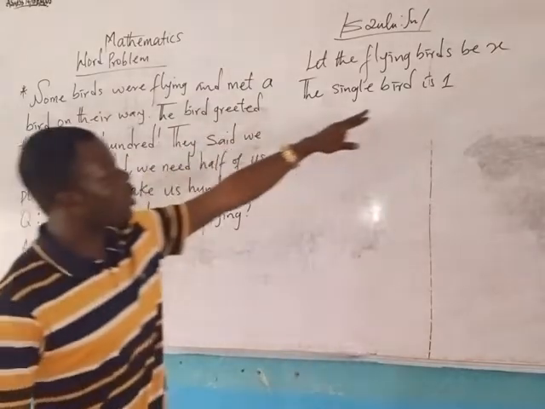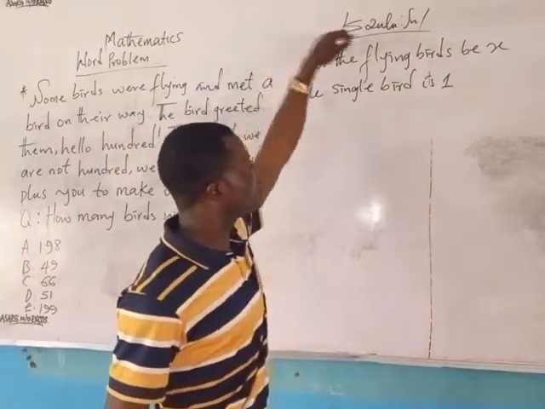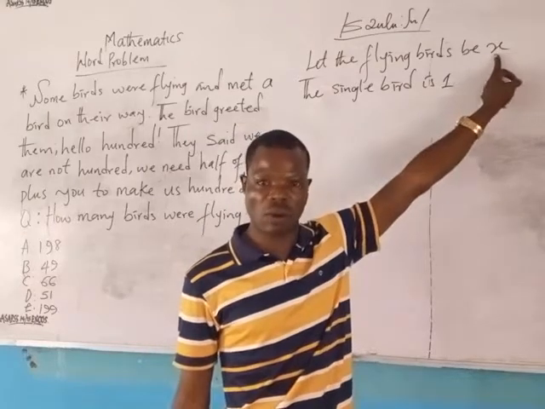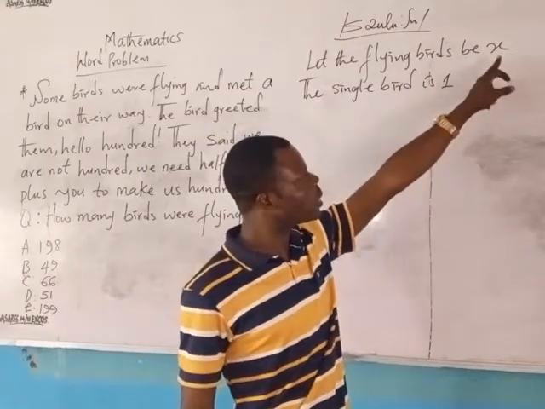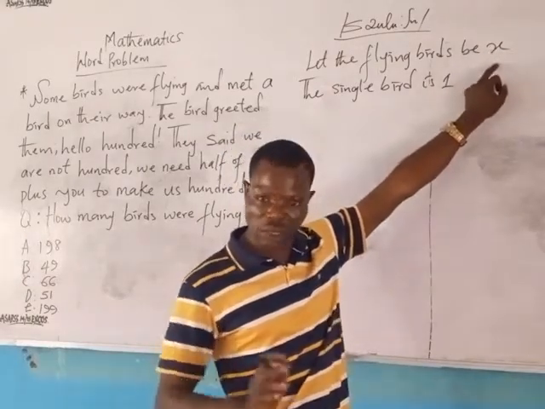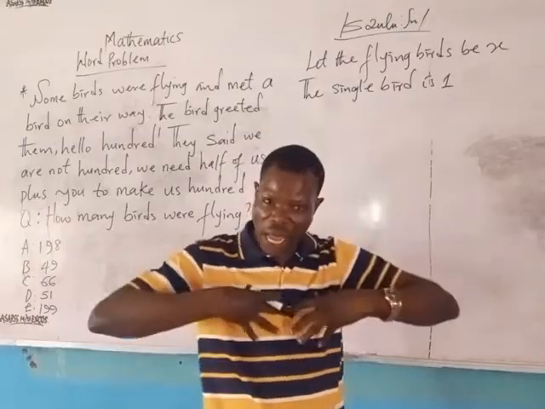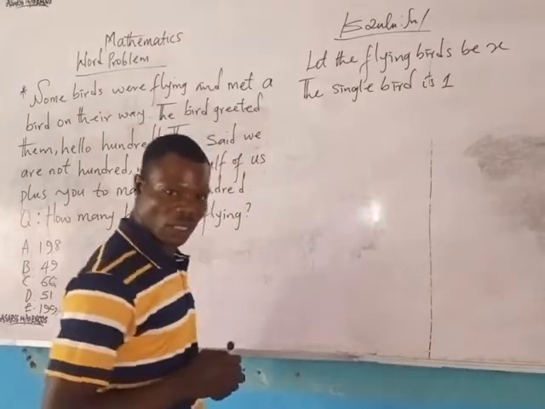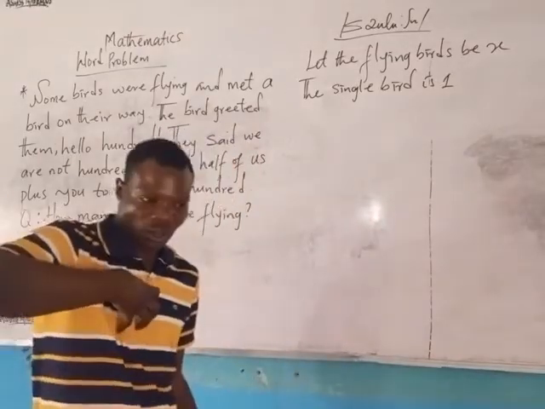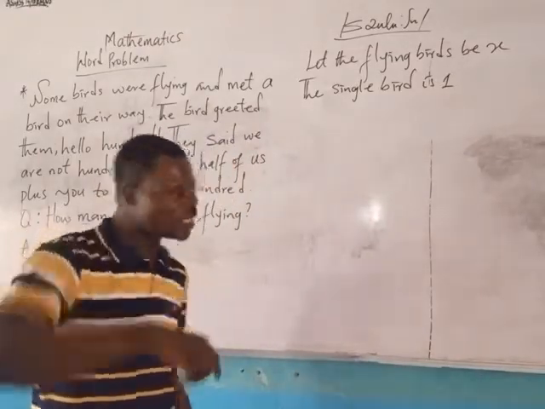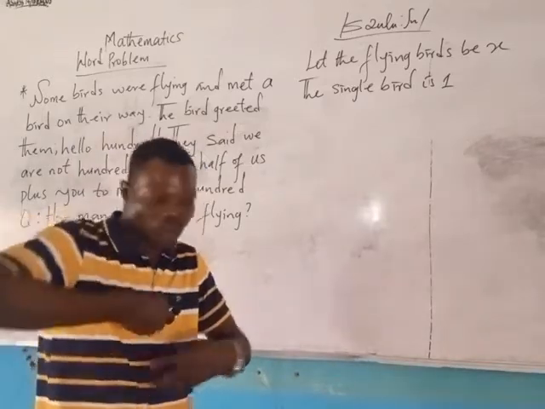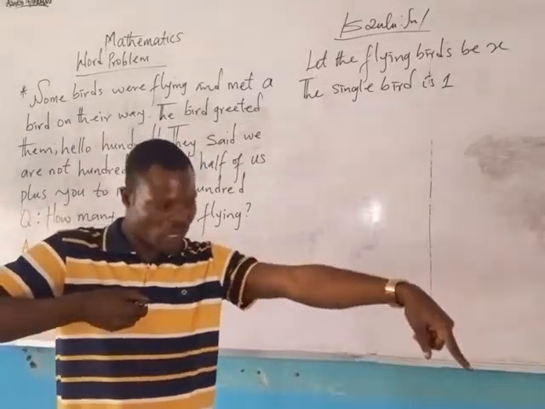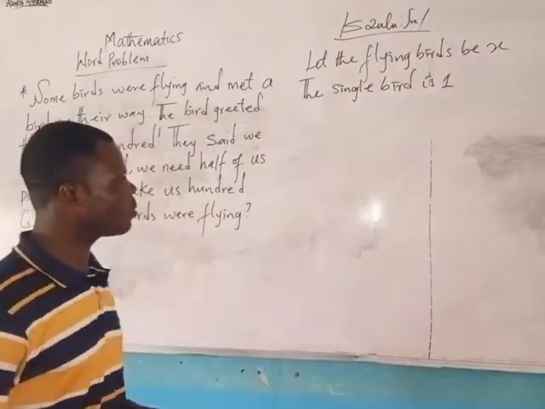That single bird greeted the flying birds that they are 100. But these flying birds rejected that statement, saying we are not yet 100. So before we can be 100, we flying still need half of us plus you yourself to make us 100.